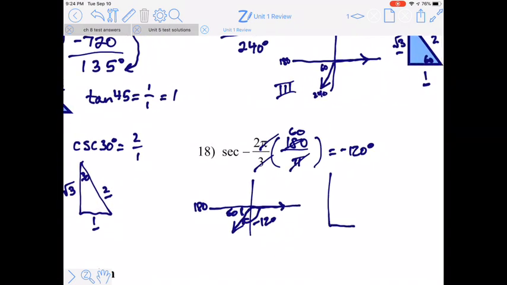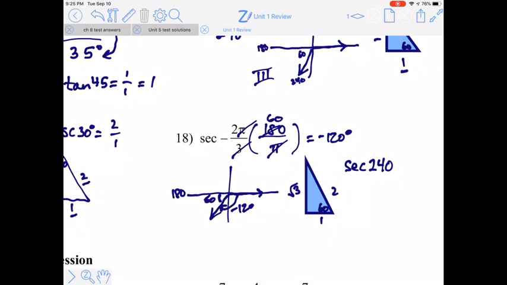So we need the 30, 60, 90. Secant of negative 120. And rather than using negative 120, I'm going to do 240, because 240 and negative 120 are the same.